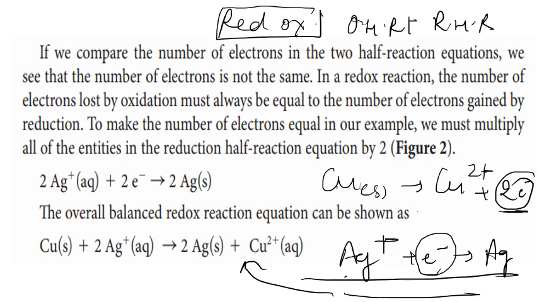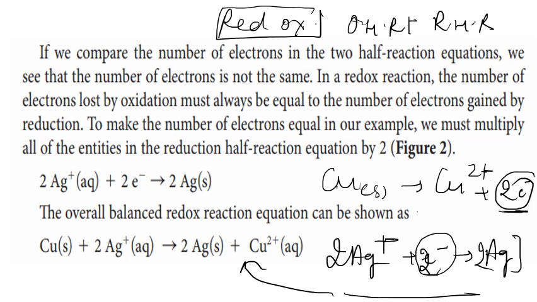You can't add unequal electrons, so you have to make them the same. So how can this be turned to 2? You multiply this full equation by 2. So what would be the result? I'm going to write that when you multiply by 2, it will be 2Ag plus plus 2 electrons becomes 2Ag, right? Now you can go ahead and add them.